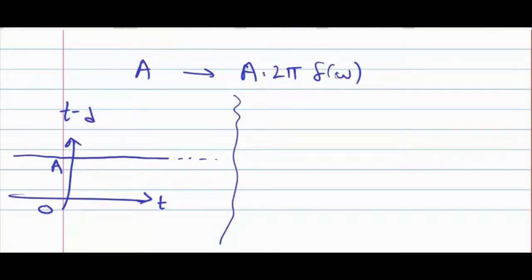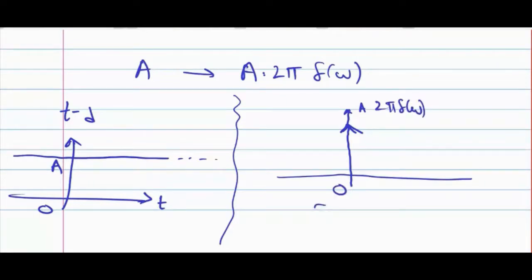A into 2 pi delta omega. So its spectrum is delta omega present at the origin. This is the sketch of A into 2 pi delta omega. So we will get one spike at the origin in the frequency domain. So this is the spectrum of A into 2 pi delta omega.